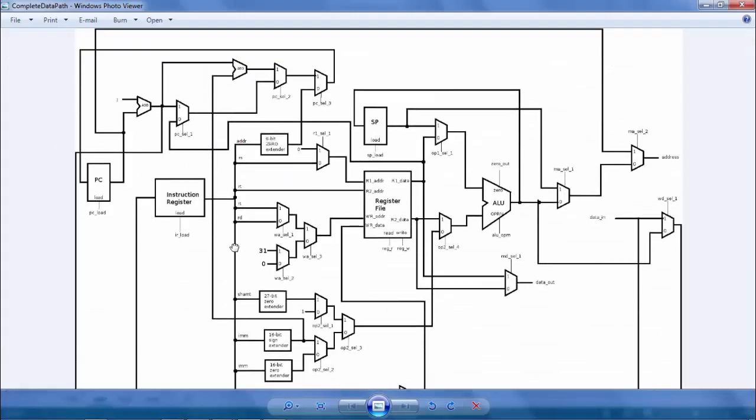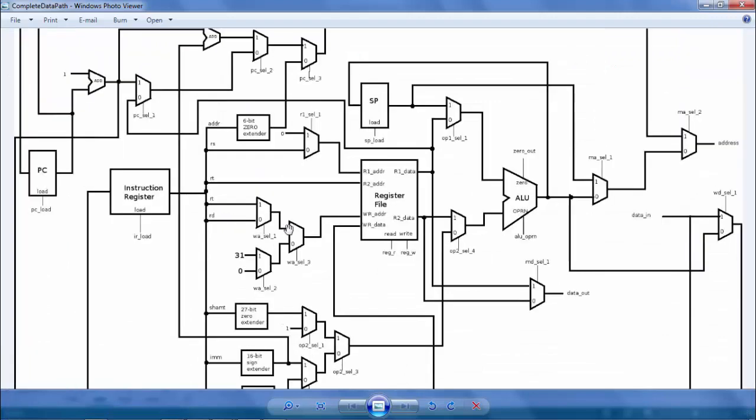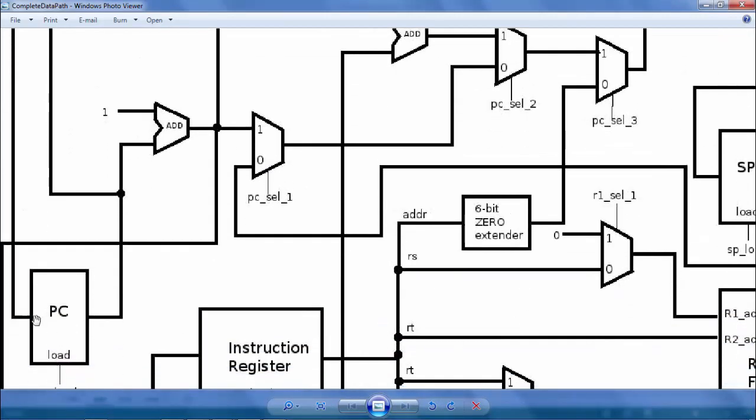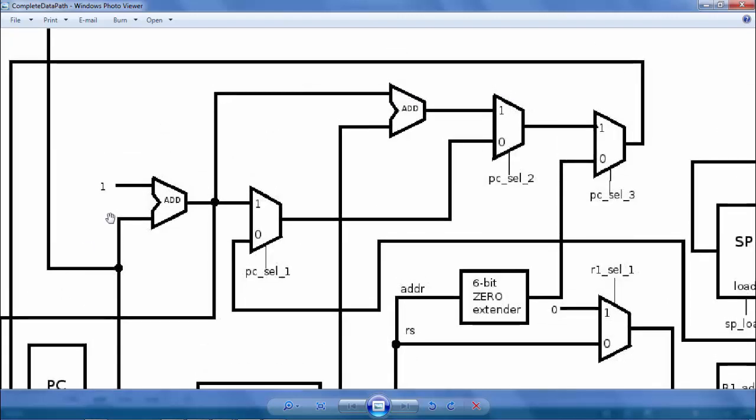If you look at this part of the data path, let me zoom in a little bit. This is the input part of the program counter. If we trace back from here, this multiplexer is one of the data sources, selected from this line and that line.